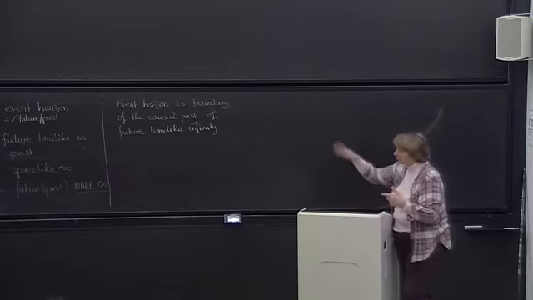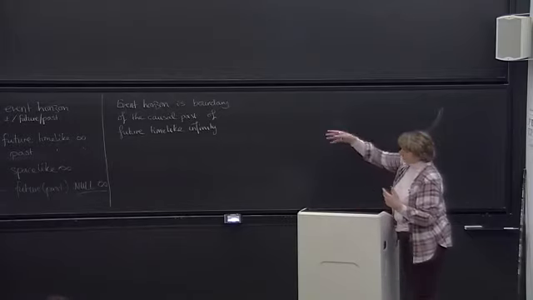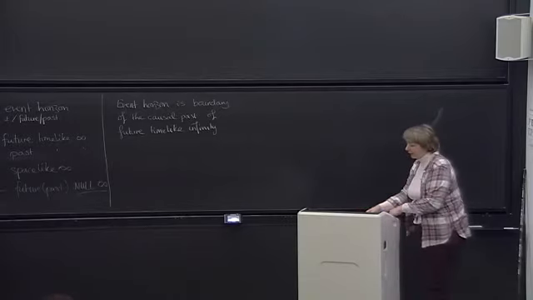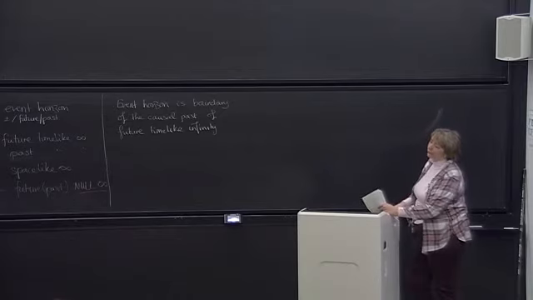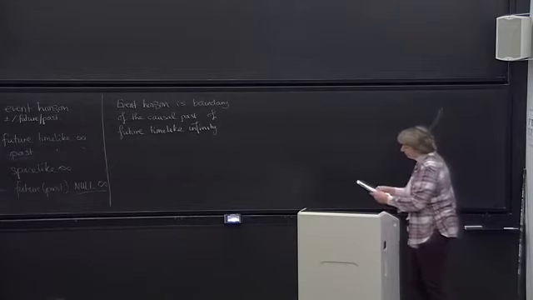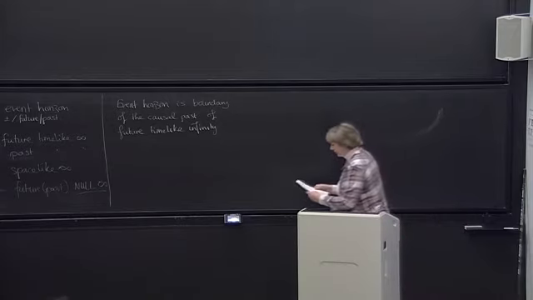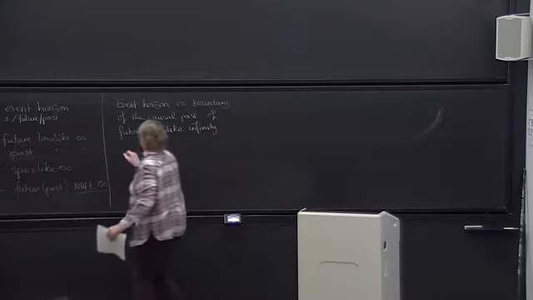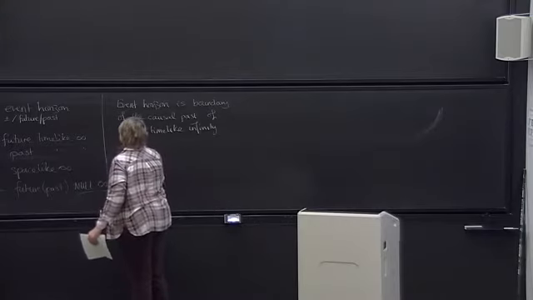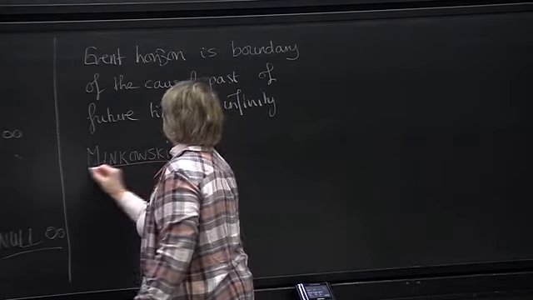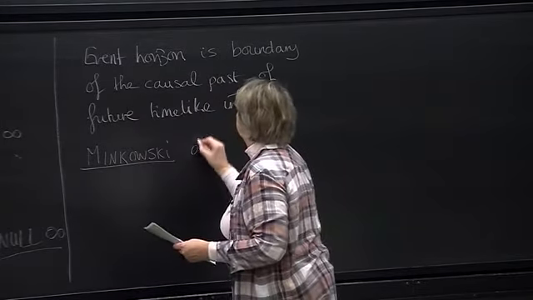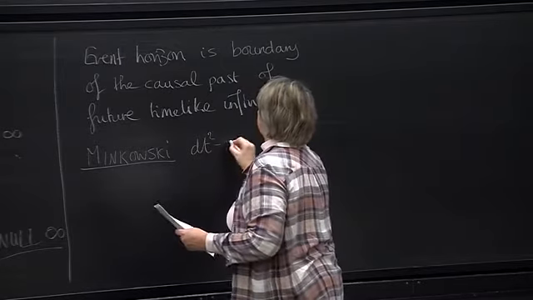Except, of course, some of the structure of scri has come back in the news, so to speak, in terms of thinking about soft hair and thinking about charges on scri. So it's not totally useless. Let me just say what happens to Minkowski spacetime, which is with no mass.